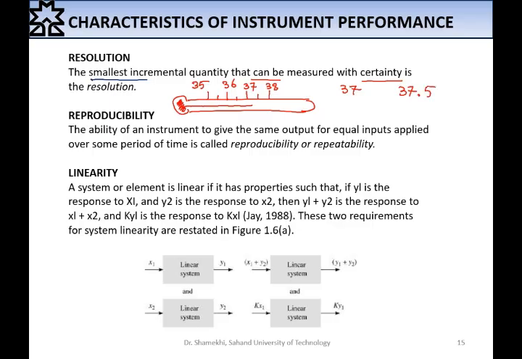And if we have some other bars here, now we can read the number with certainty. Certainty means that now we can see the temperature is 37 point maybe 3.